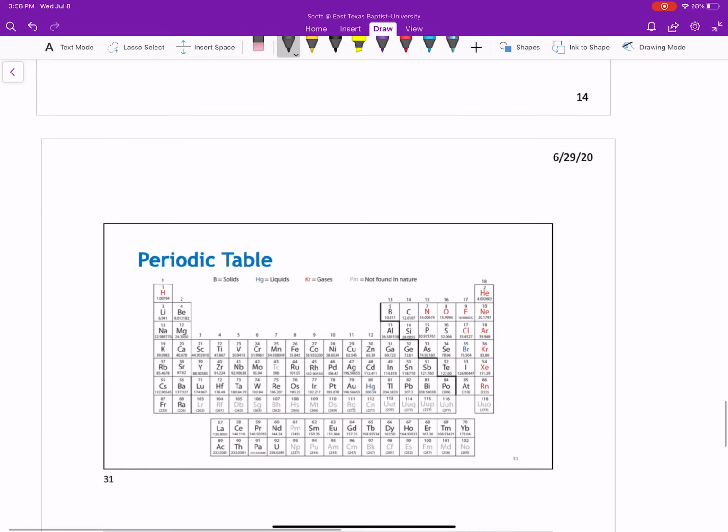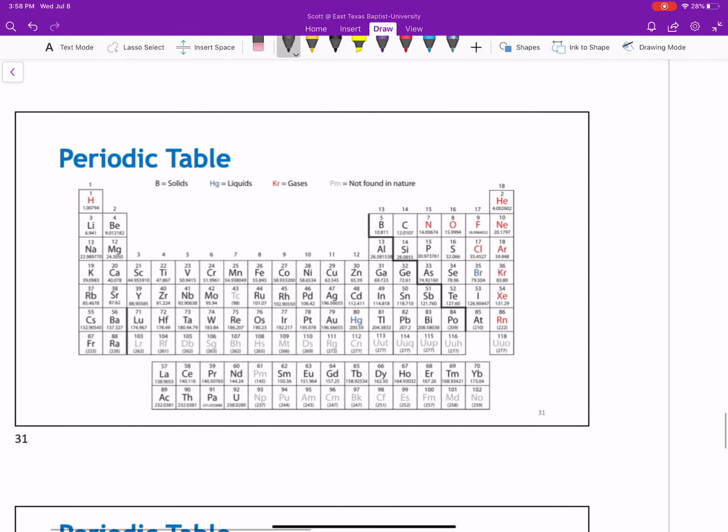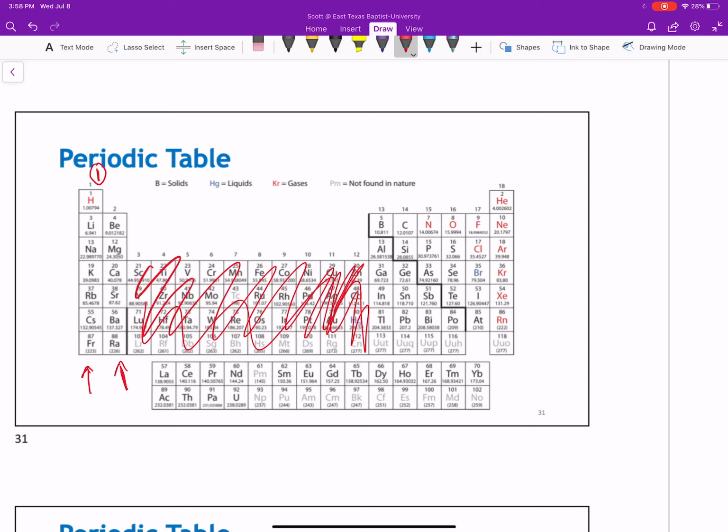And so let's take a look at how you can determine that really quickly. I would suggest on your periodic table, because we're not going to deal too much with transition metals in this class, go ahead and scratch those out. But your alkali metals, which are that column, are only going to have 1 valence electron. Your alkaline earth metals are going to have 2 valence electrons.